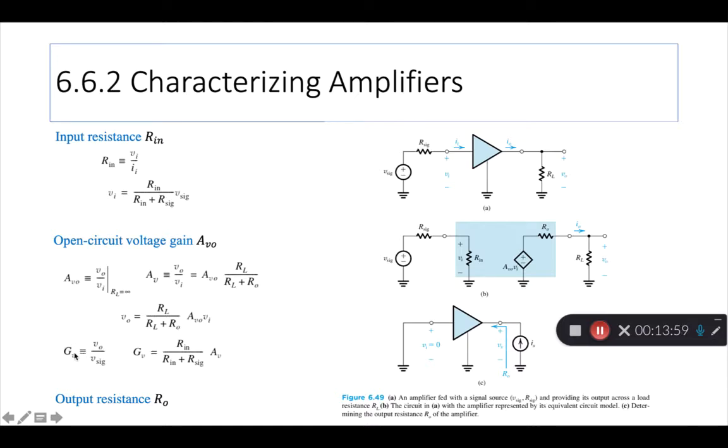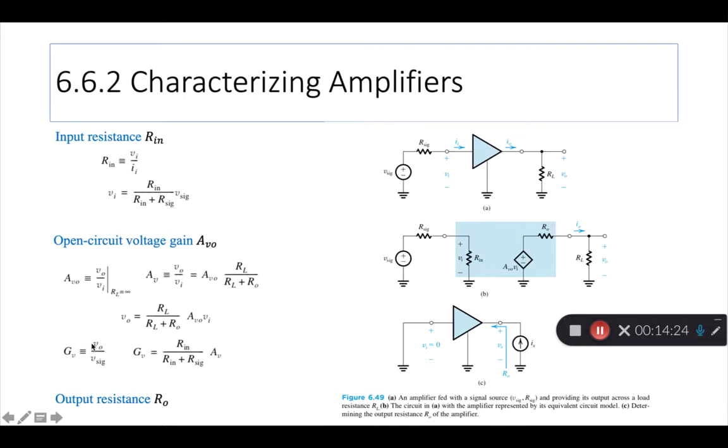Then we talk about Gs, which are also voltage gains, but they are defined slightly differently. They are defined with respect to V signal, right? So the output voltage is pretty much the same as previous cases, but the input is now with reference to V signal, not just VI.